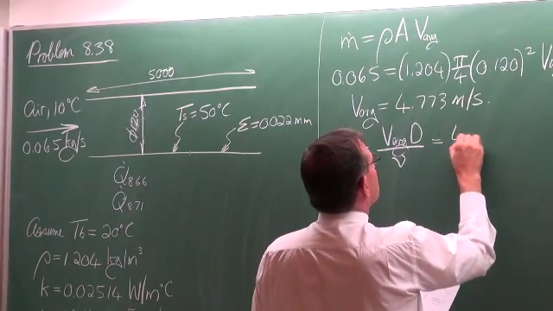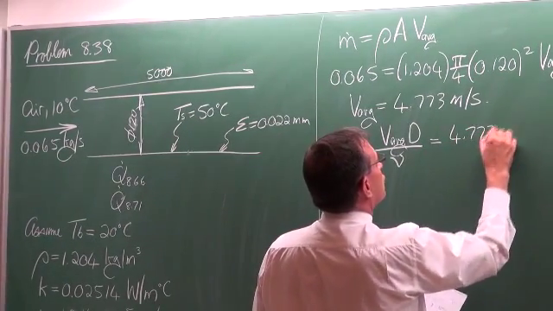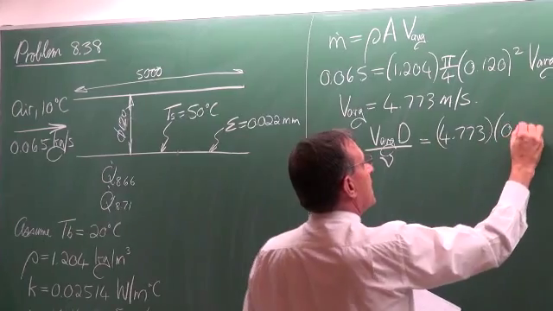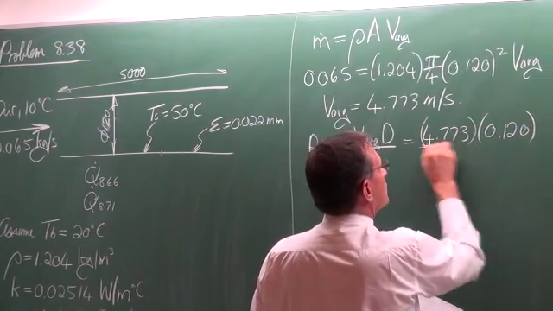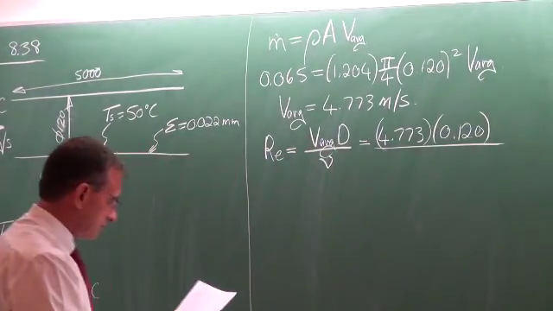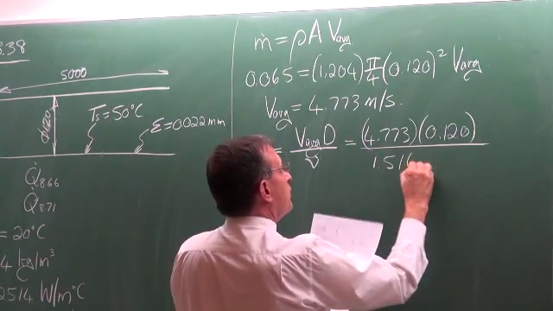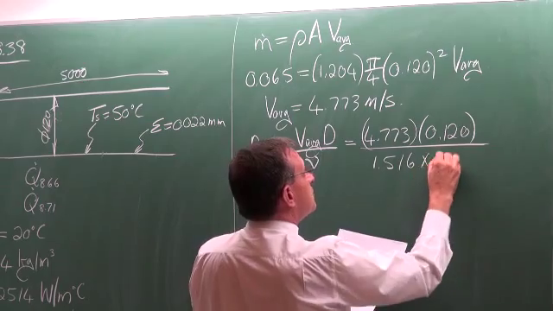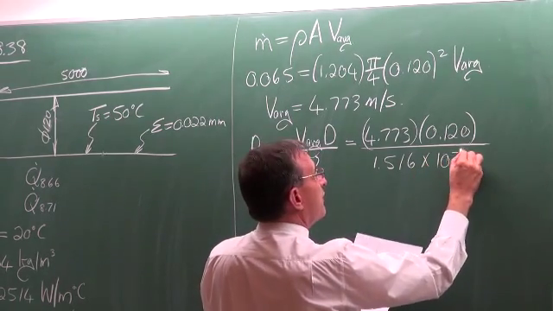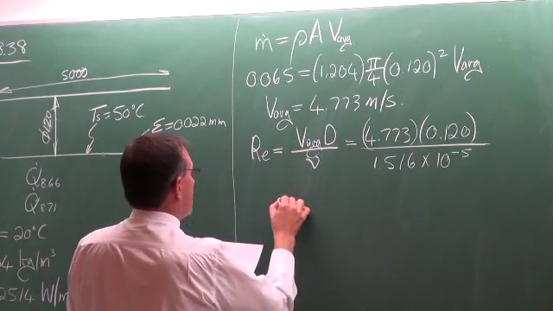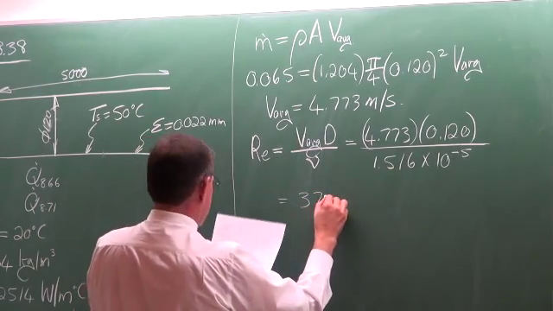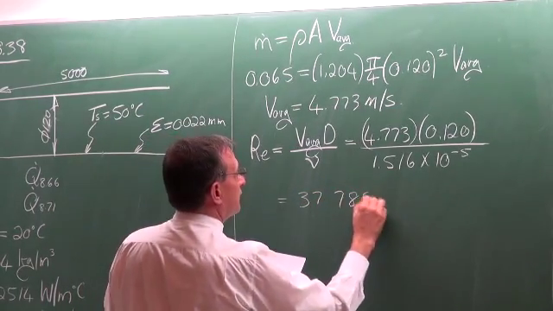The average velocity is equal to 4.773 multiplied by the diameter, which is equal to 0.120, divided by the kinematic viscosity, which is equal to 1.516 multiplied by 10 to the minus 5, and that gives us a Reynolds number of 37,785.